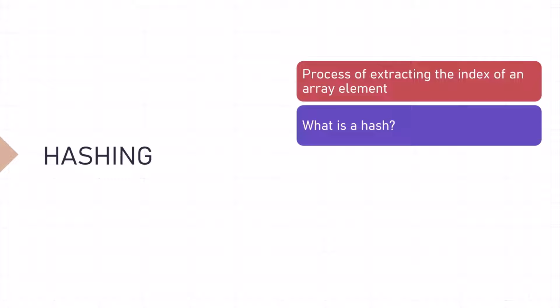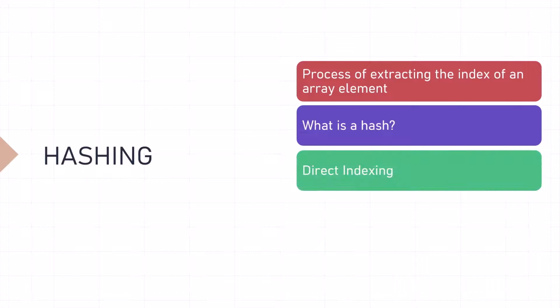Now you may recall that in the last session, in our discussion on the pointer array approach to sparse arrays, we did use an algorithm in order to derive the index for each element in the pointer array. And that in fact is a hashing method which is called direct indexing.